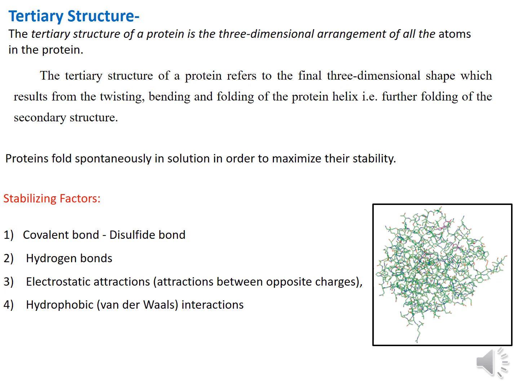Tertiary structure means further folding of the secondary structure. Here one could expect more folding of the proteins. The protein folds spontaneously in solution in order to maximize its stability.